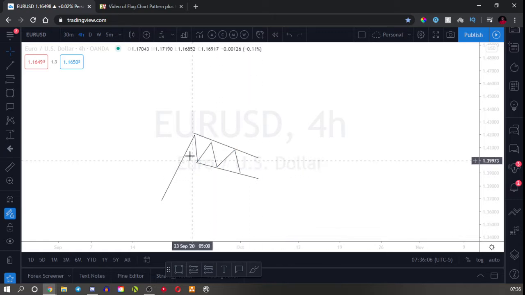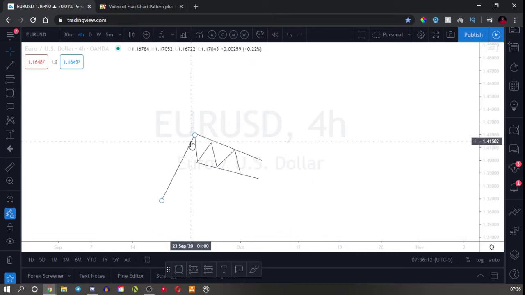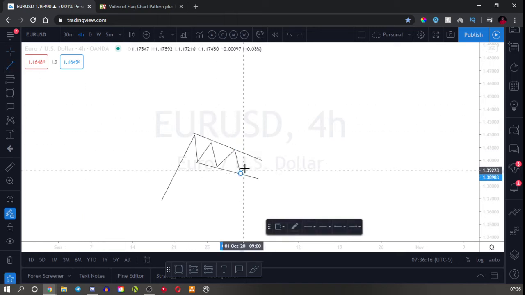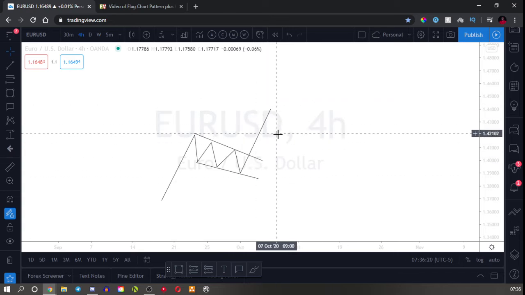And this creates our flag. You can see how we shaped it out, it actually creates a flag shape, okay? This is our flagpole, this is our flag shape. And ultimately what we're looking for is price to give us that impulse for our move up.